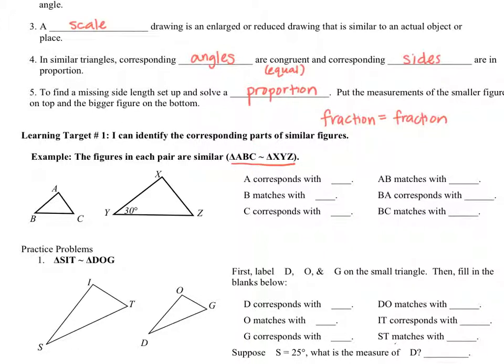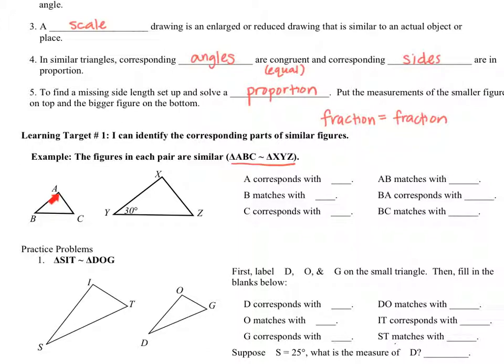The way that this is written already shows you what corresponds. A, because that's the first letter, corresponds to X. That's the first letter, right? B corresponds with Y. C corresponds with Z. It helps that it's in alphabetical order too, but it's important that you understand the order of these letters. It has to be in that specific order.